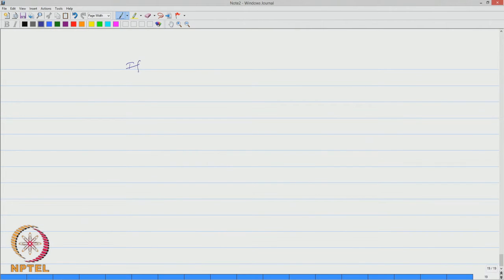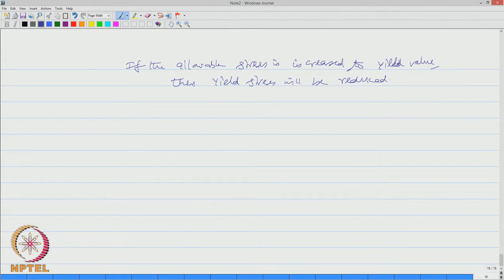Therefore, if the allowable stress is increased to the yield value, then yield stress will be reduced by a factor of 0.6.